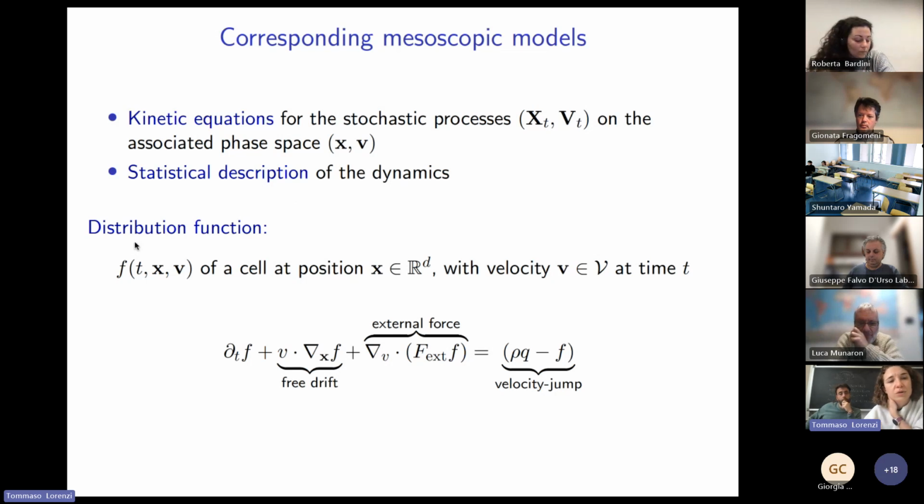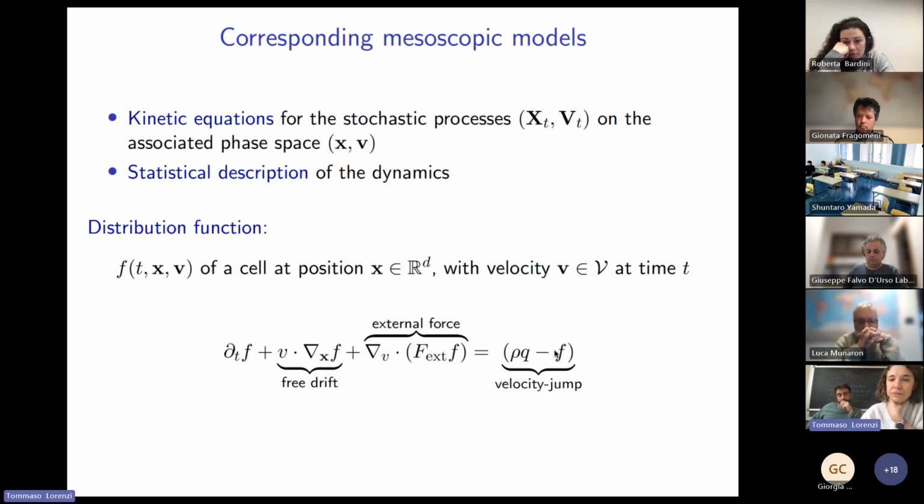So essentially, we don't consider n cells, but we have a probability distribution function f that depends on time, position x, and velocity v. And we can derive formally an evolution equation for this distribution function f, in which we have the free drift, the role of the external force, and then also the velocity jump.